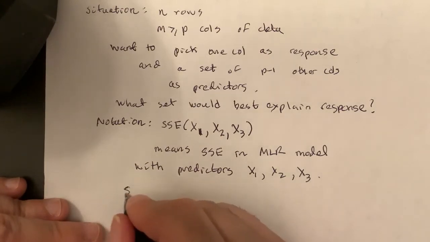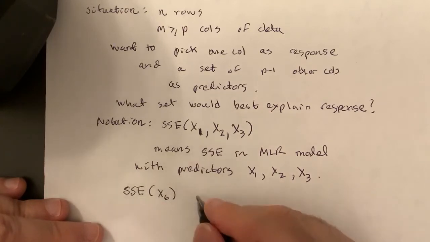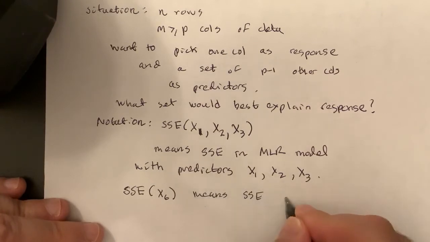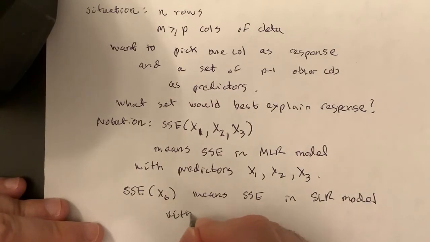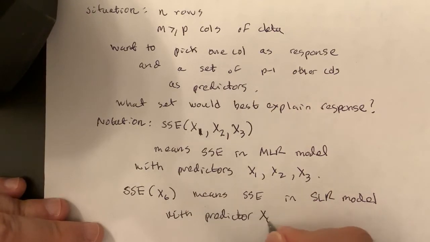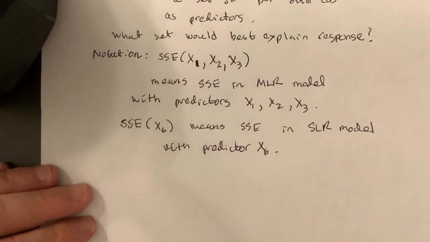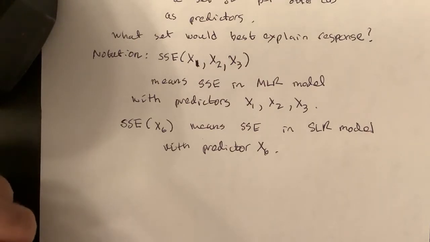If we write SSE, say X6, this means SSE in an SLR model with predictor X6. So the X's, the subscripted X's, are vectors, right? They're columns from the data set.